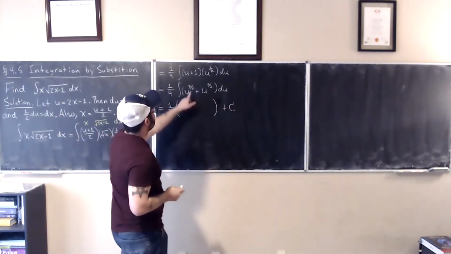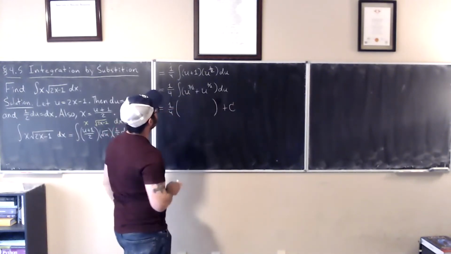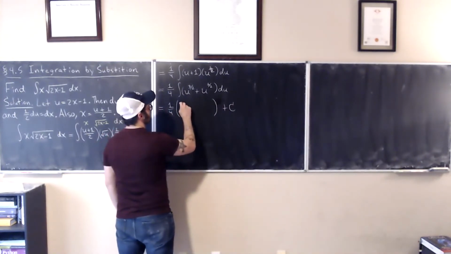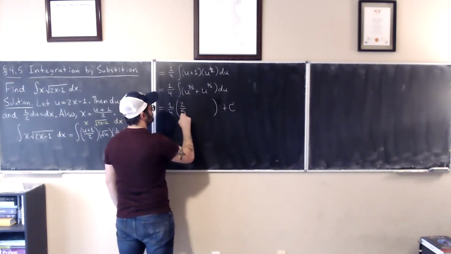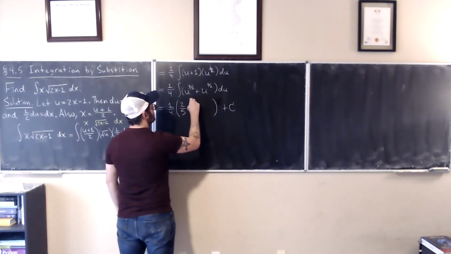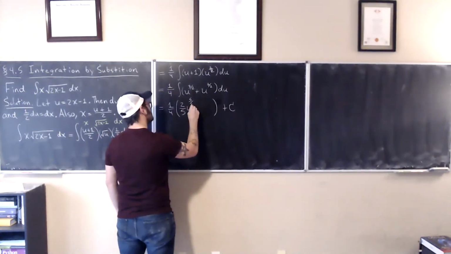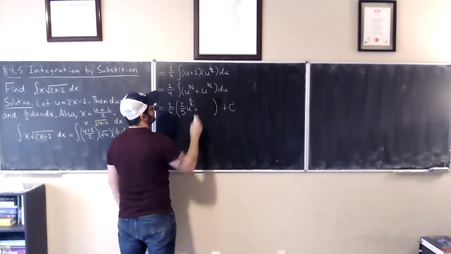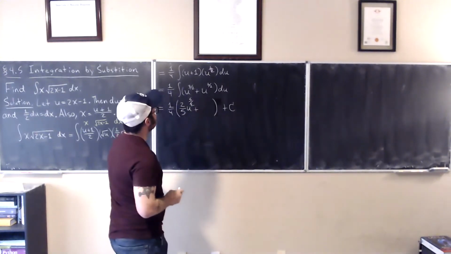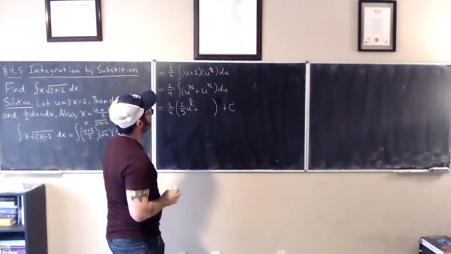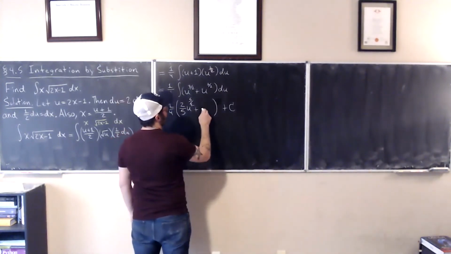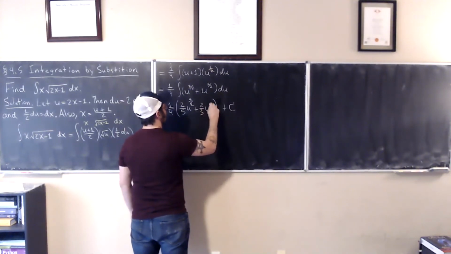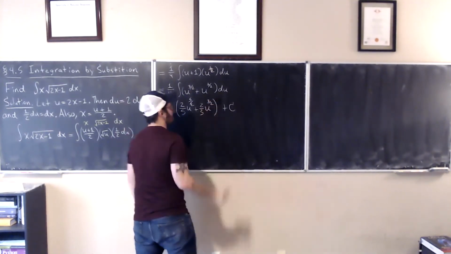If I add 1 to that, I get 5/2, which is, I divide by 5/2, I get 2/5 of u to the power 5/2. Plus, if I add 1 to that, I get 3/2, right? And if I divide by 3/2, I get 2/3 of u to the power 3/2.